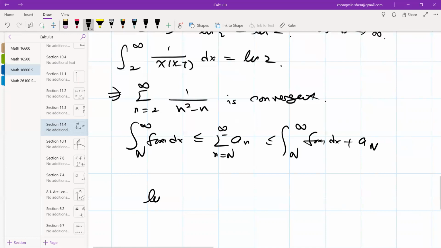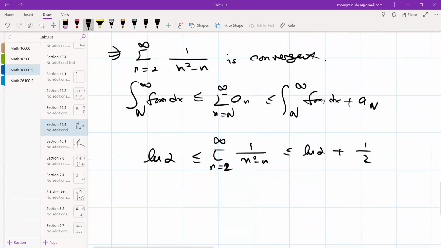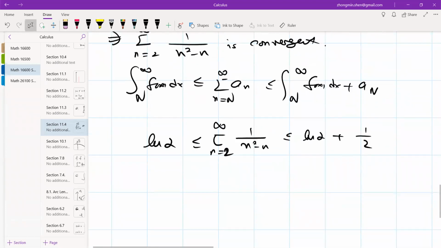In our case, it's natural log of 2, and when n equals 2, 1/2. It's pretty good. So you can use the integral test to prove this converges, and not only that, you can estimate. But it's complicated, right? You have to deal with the function. Sometimes you're lucky and can evaluate the integral of the function.